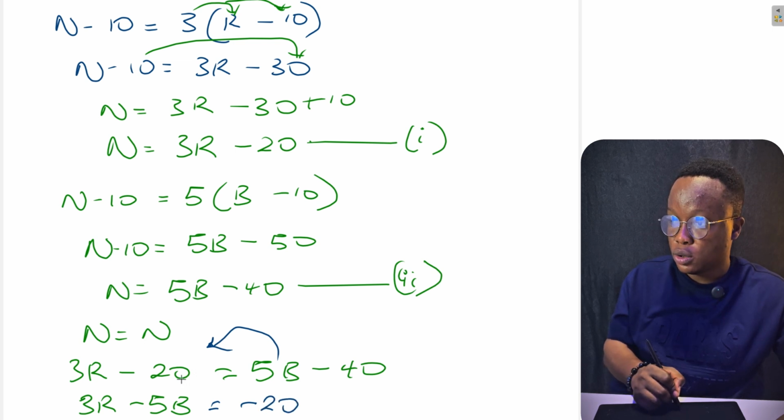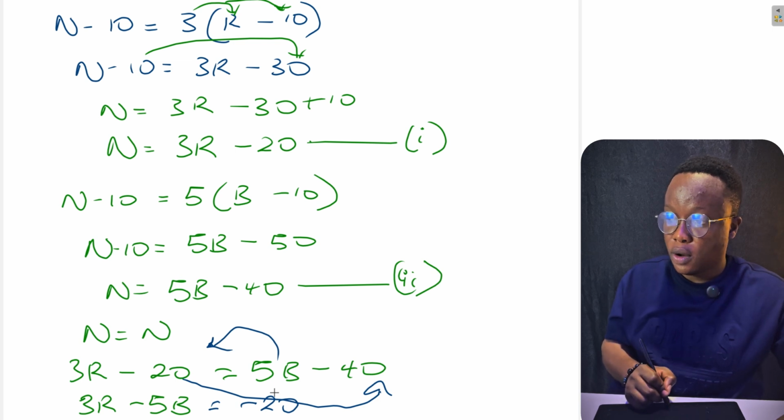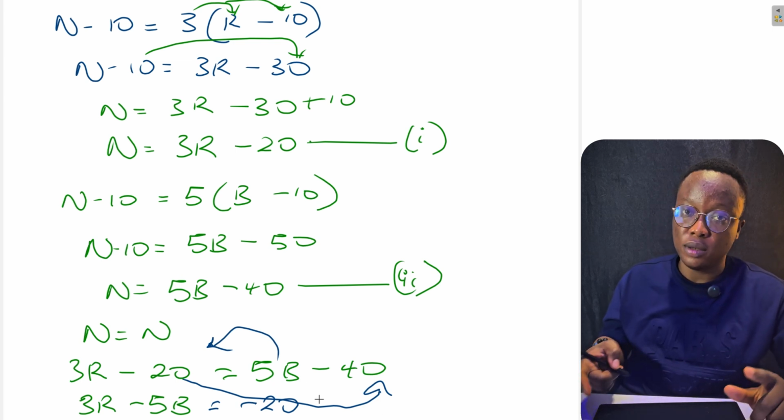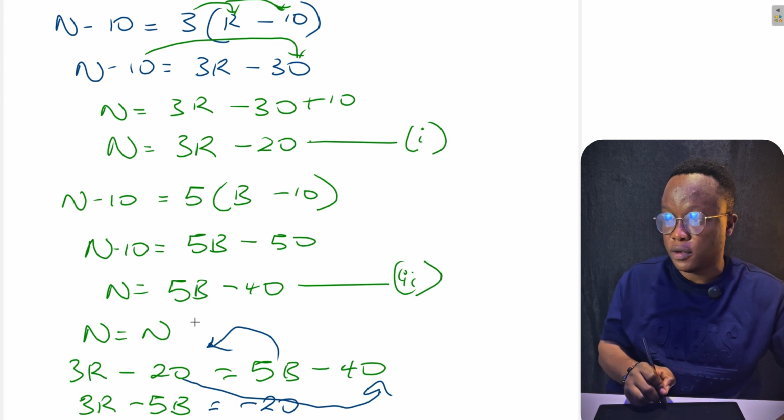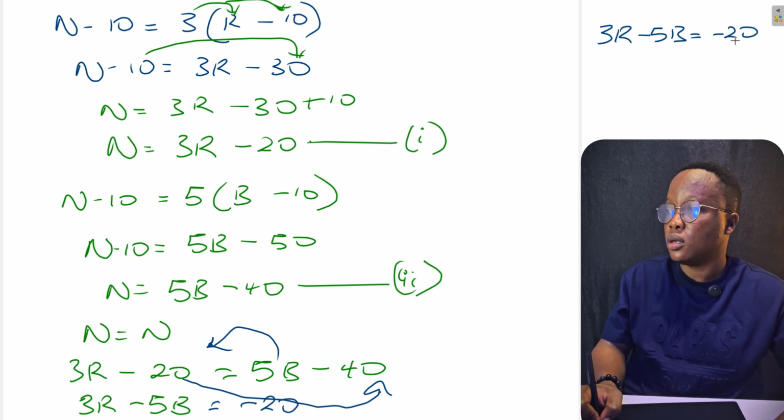We brought minus 20 to this side, so that we now have minus 40 plus 20. So in the end, we have this equation. Let's just write it here. 3R minus 5B is equal to negative 20. Let's call this equation star.